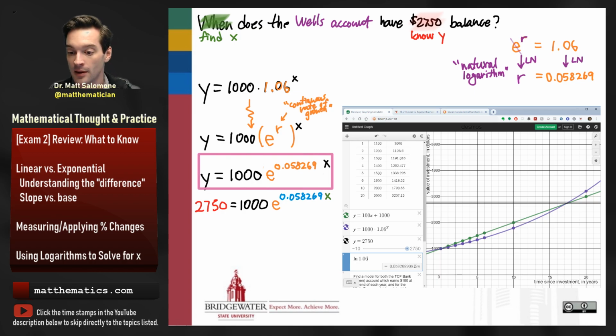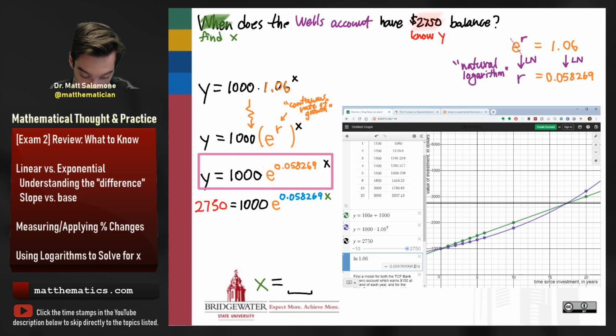Okay. And so now again is where I look at the expression that I have on the right-hand side and ask, what is it going to take to rescue that x, to get that x by itself? That's what we're trying to do whenever we're solving an equation, right? If we're trying to get that variable by itself. So at the end of this process, we want x equals blank.